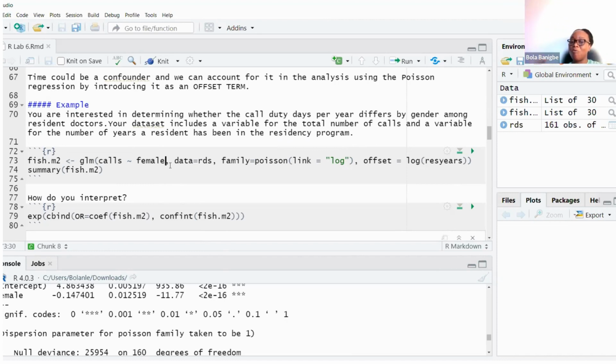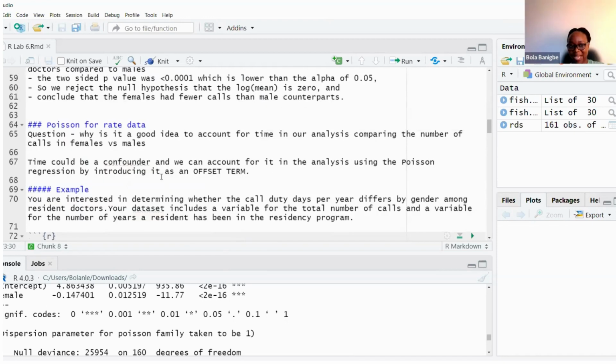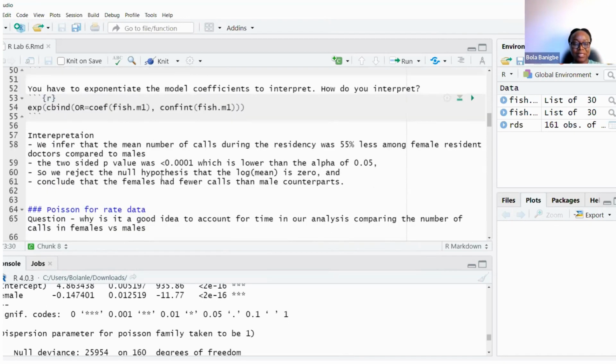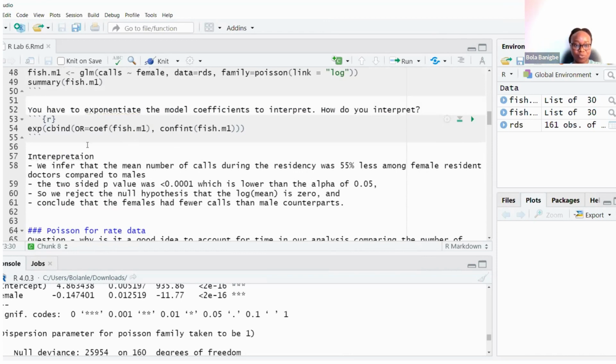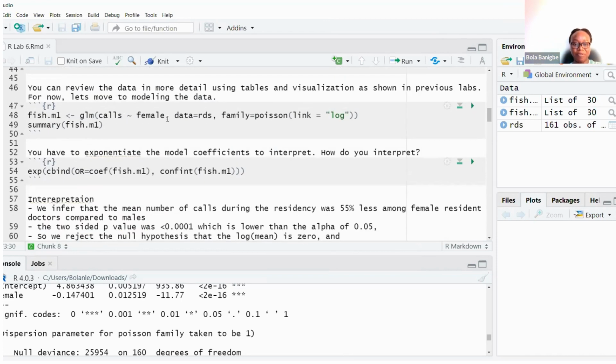Instead, we're converting it to a rate. If you look at this first one, where we just had female and we did not use the number of years in residency as an offset term, we basically looked at the mean number of calls. So we just counted the calls and compared the mean number for male and female.